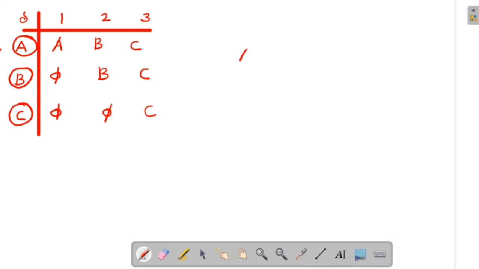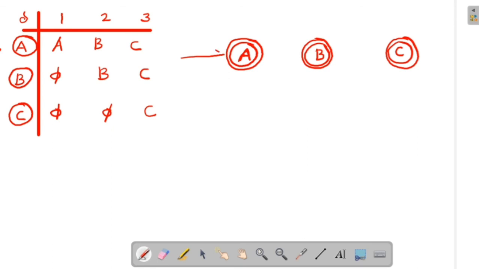So we can draw the transition diagram. The states are A, B and C. Okay, these three states are final states. Initial state is A, then A to A 1 transition, A to B 2 transition, A to C 3 transition.